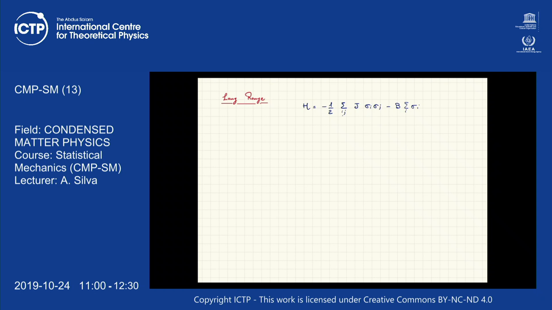Now, but you see that there is a problem, because if everybody is interacting with everybody else, this term in the interaction will scale like N squared, because it's the number of pairs I can create, right? So this term in the energy will scale like N squared, while this one is extensive, right?